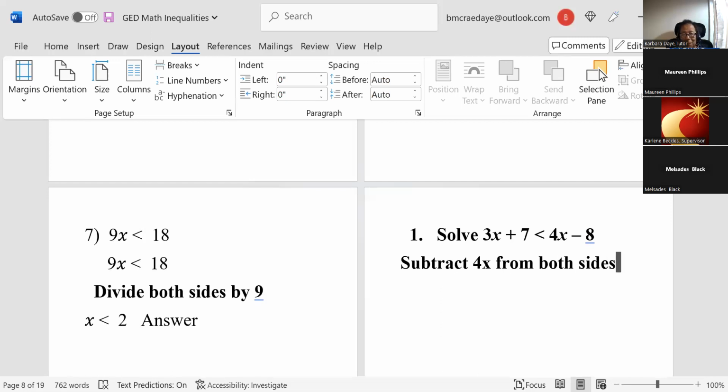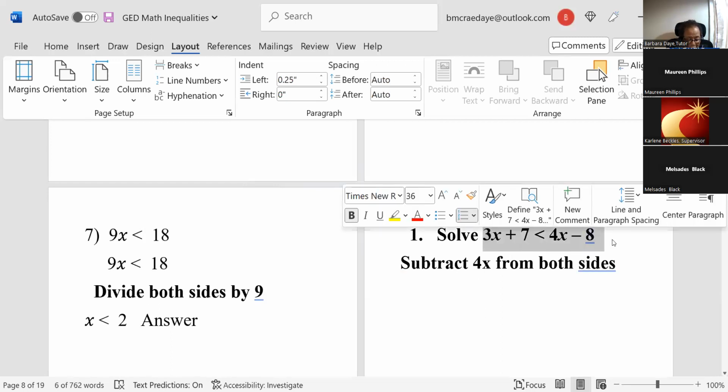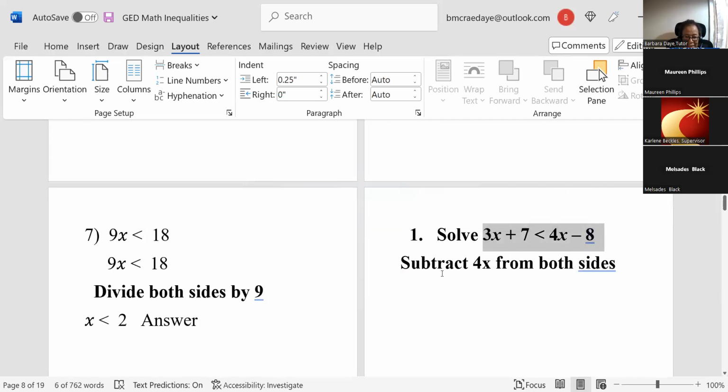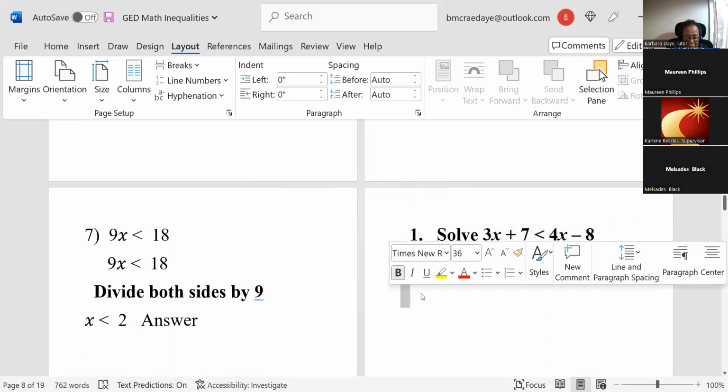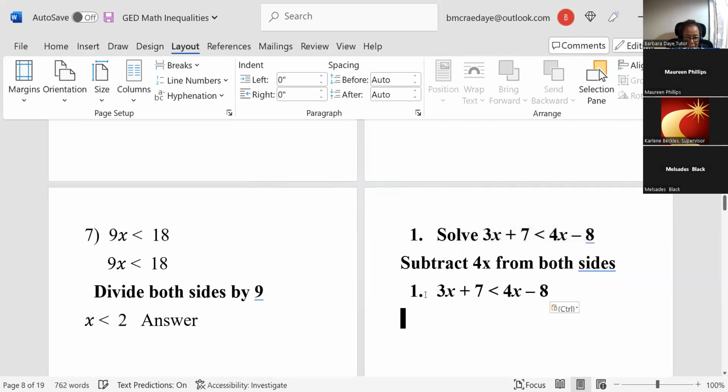All right. Now, let's just do that. Let me copy this. Let's subtract the 4x. That's like you said, Maureen, both sides. Minus 4x. And on the right side, minus 4x.